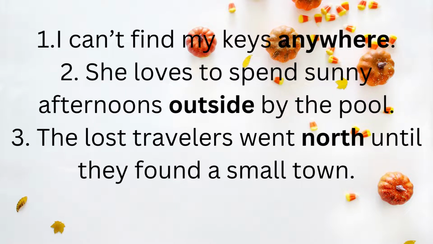The example sentences are: I cannot find my keys anywhere. Anywhere shows the place. She loves to spend sunny afternoons outside by the pool. Outside shows the place. So outside is an adverb of place. The third sentence is: the lost travelers went north until they found a small town. North is also a place and hence is an adverb of place.